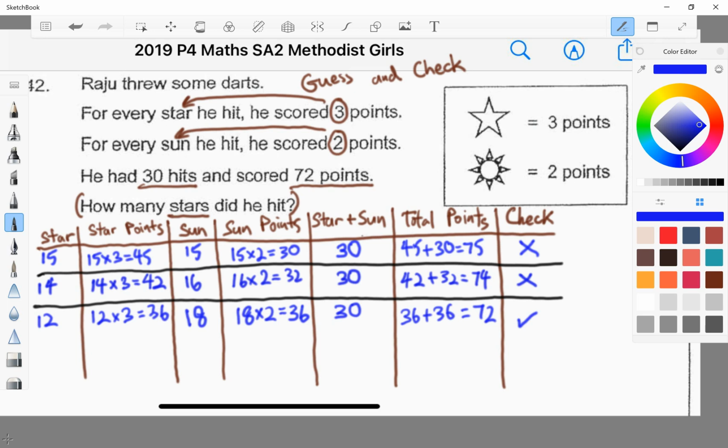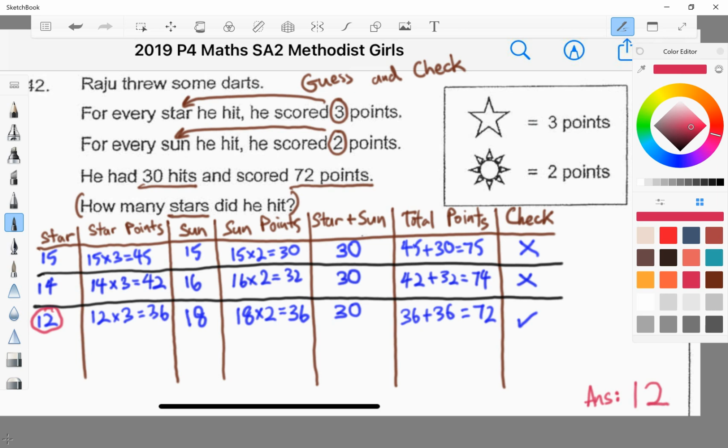But hold on just yet. What do we need to find? We've got to find how many stars. If we zoom in to the stars column, you will realize that there are 12 stars, which is why our answer, abbreviated by ANS, will be 12.